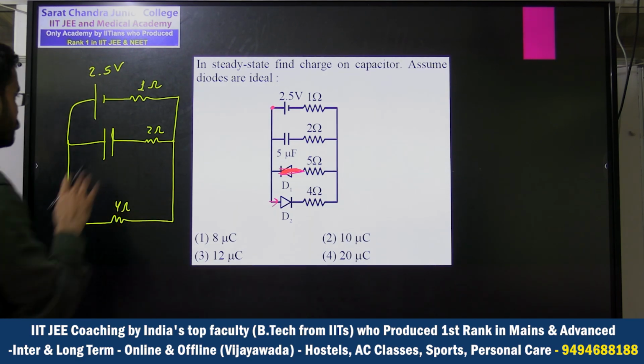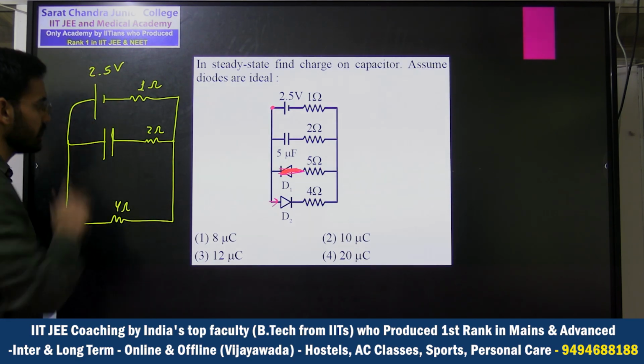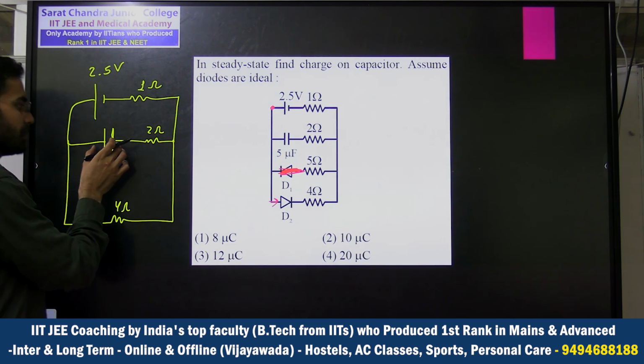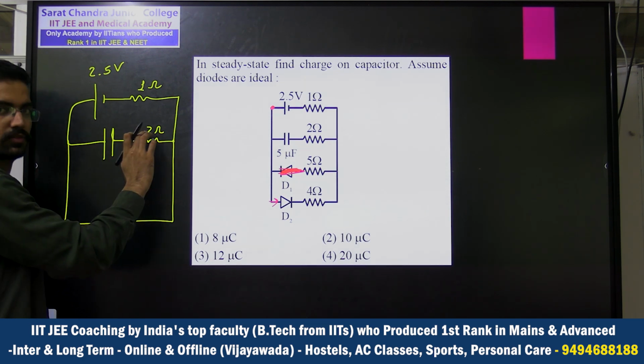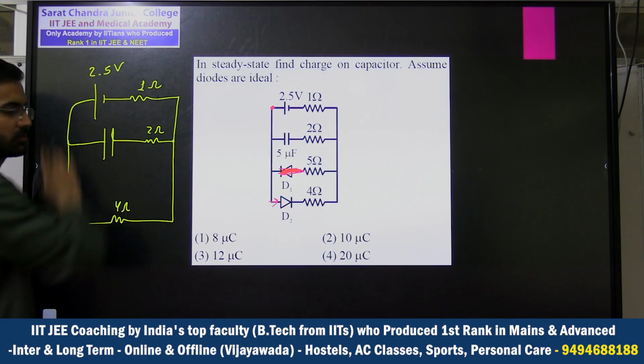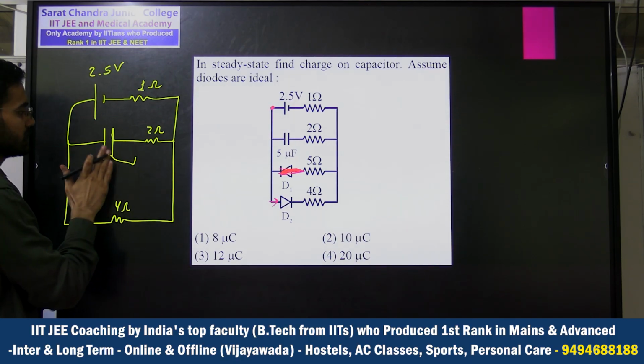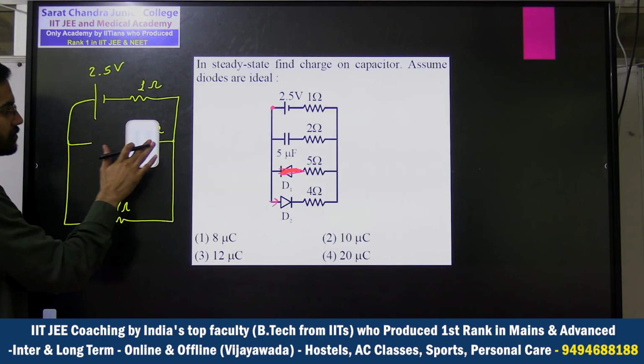If steady state is achieved, the capacitor is fully charged, so current will not flow through it, so current will flow only through this path.